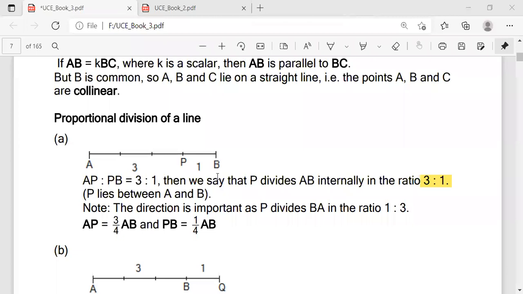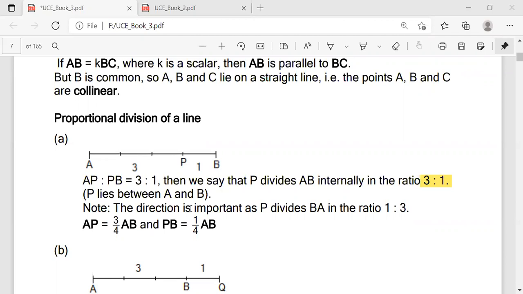So to get AP, it is 3 out of 4, 3 over 4 of AB. And to get PB, it is 1 out of 4 of AB. So that's what they are trying to mean.